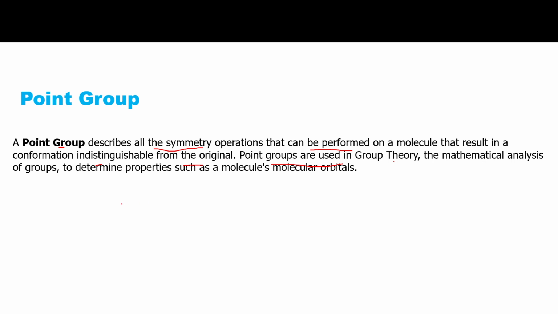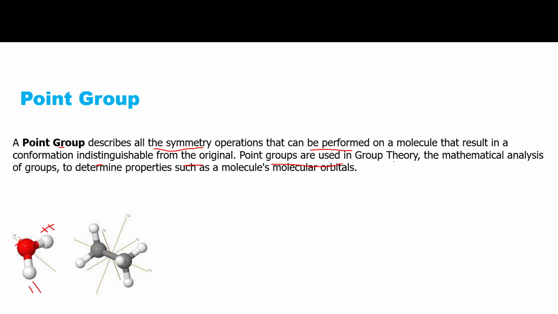So we have to identify the point group of a simple molecule. If you consider this one as a water molecule, this will be our oxygen and these will be our two hydrogens placed.